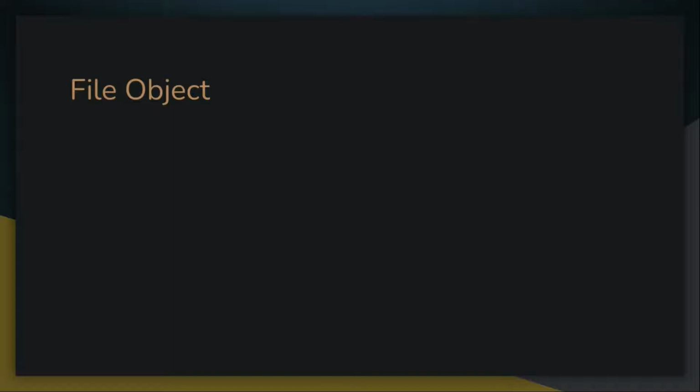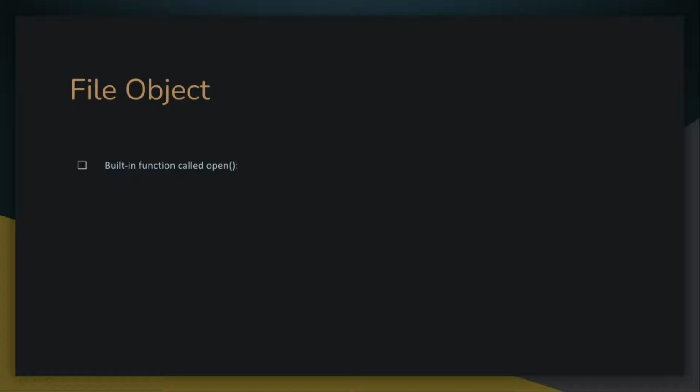Before you actually get to a file, remember we are still in programming. It's a file, but we want to use this file inside our program. So we have to create something called a file object, and this file object makes use of a built-in function that Python has, which is open.